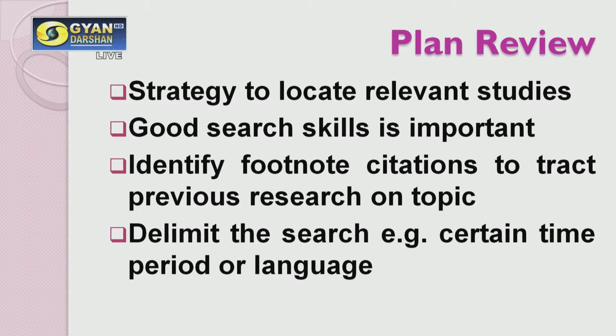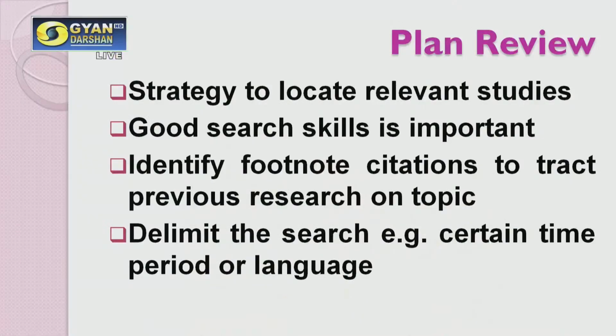You should be good at searching the literature: from where to search, how to identify good studies, and what criteria I have to keep in mind while selecting the studies. Identify some of the footnotes given at the bottom of the studies, and you can search and review those studies also. Delimit your studies.